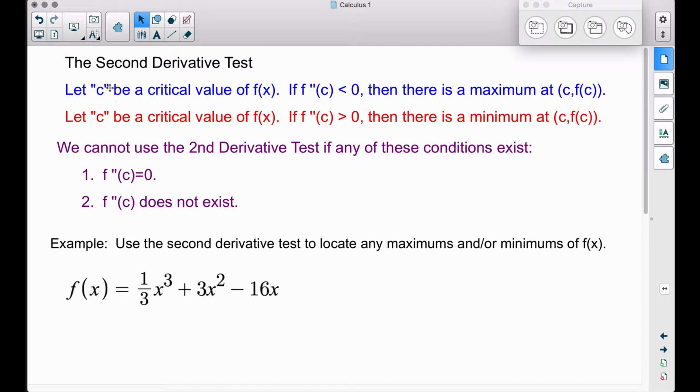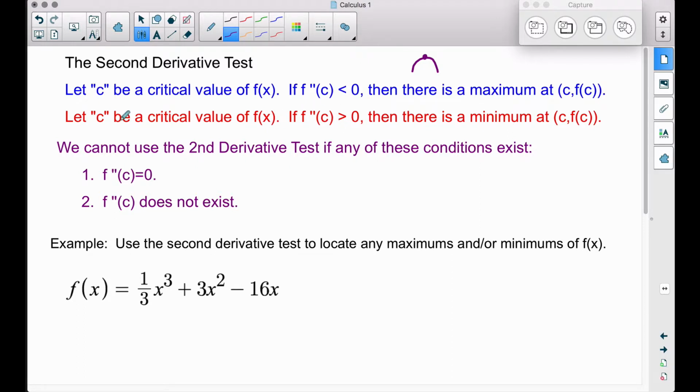Then you can plug that critical value into the second derivative, and if the second derivative at that critical value is less than 0, you have a maximum. Basically this means the function is concaving downward. Concave down looks a little something like that, and there's our critical value. Notice we do have a maximum.